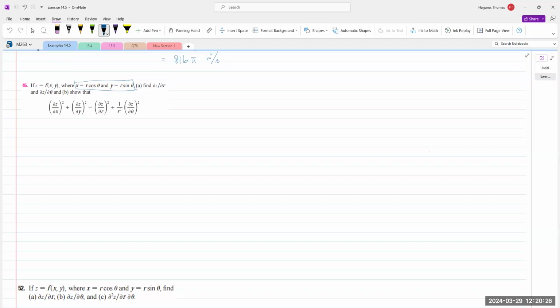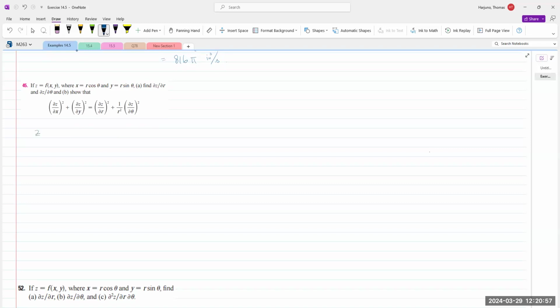So we need ∂z/∂r and ∂z/∂θ. Now notice that you will see later on that this has something to do with surface area from the polar coordinate system point of view. Okay, let's work it out. I think that's quite easy.